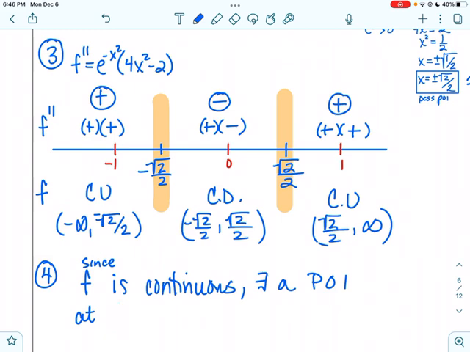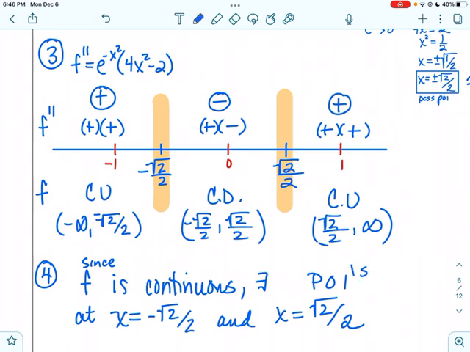This video is getting kind of long. x is equal to negative root 2 over 2, and x is equal to root 2 over 2. There exist points of inflection. Let's make that plural then. Okay, and so we have those two.